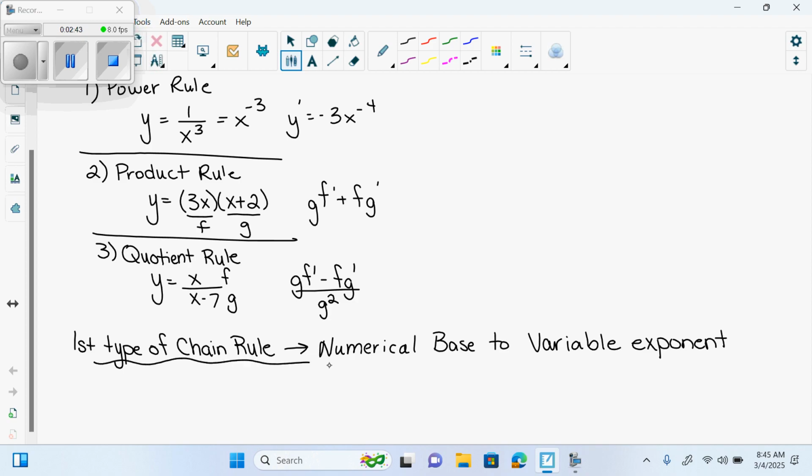That's the first type, and it's the one that everyone kind of forgets about.